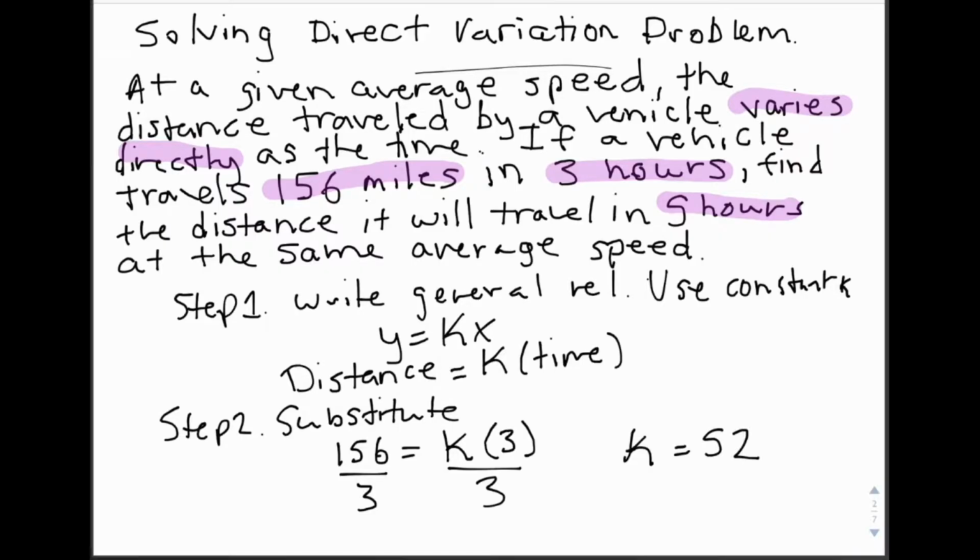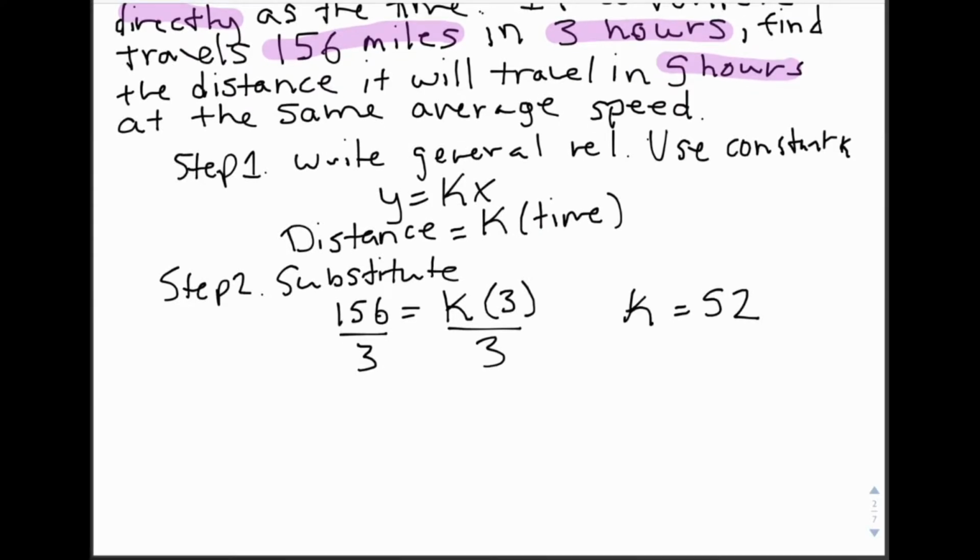So now that we have our k, we can move on to step number 3. And step 3 says to substitute k back into original. So let's write step 3, substitute k, now that we have found it, back into original.